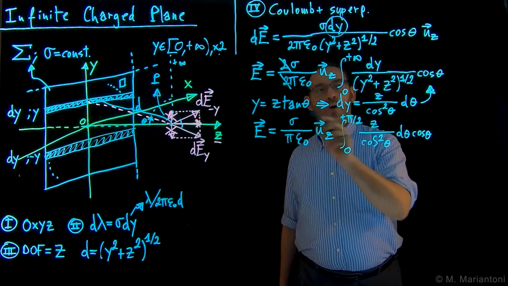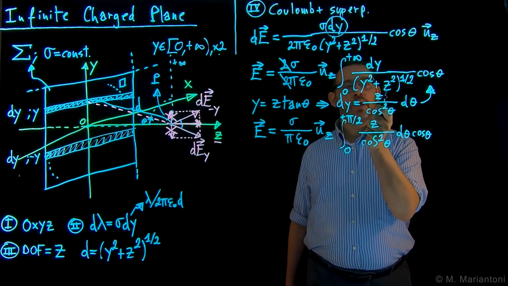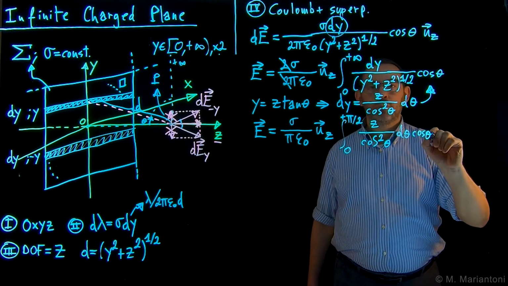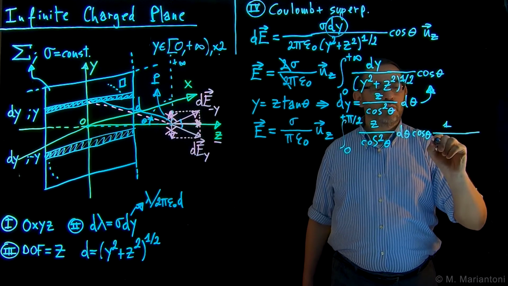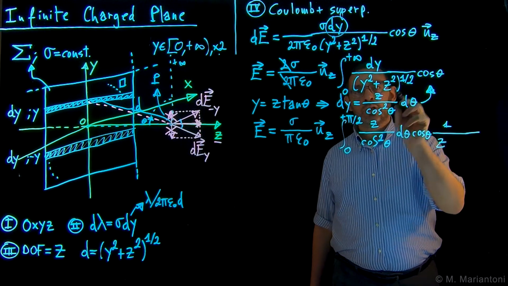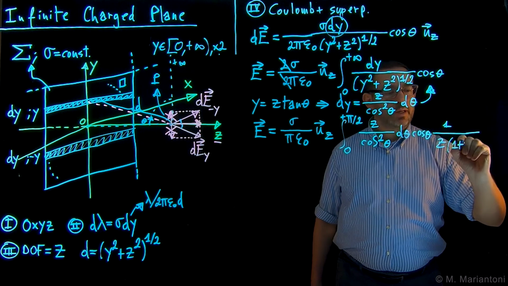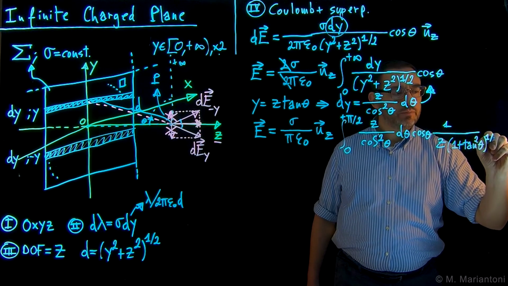So if I substitute y in here, I obtain z squared tangent square theta plus z squared. So z squared I can factor out and square root it. So we obtain in the denominator z, because it's under square root. And then we're left with the square root of 1 plus tangent square theta under square root.